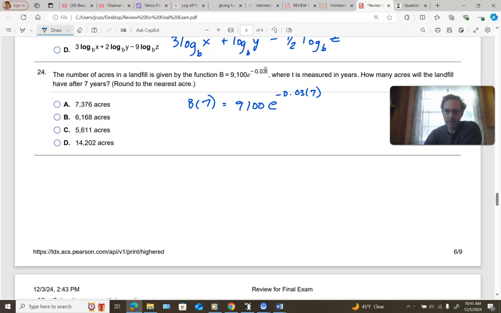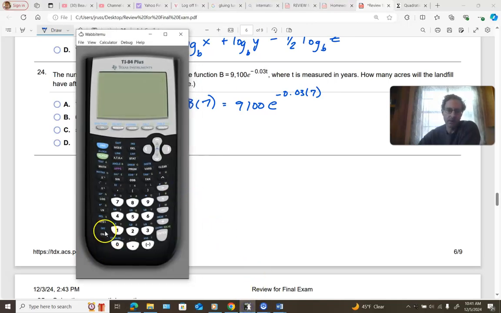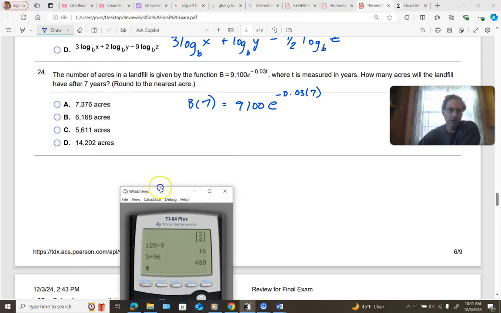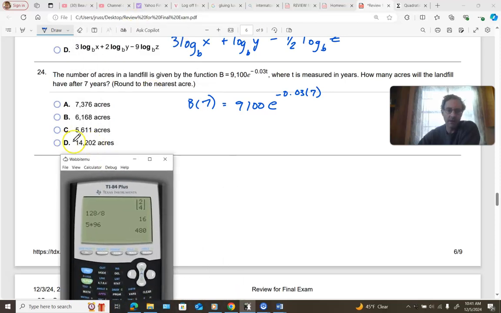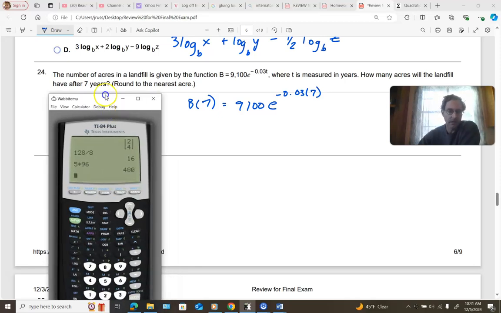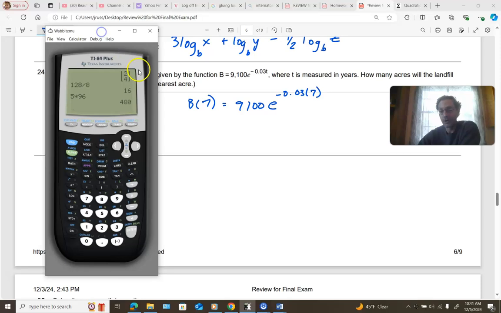And plug a 7 in there. This one you're going to have to use your calculator for. Although it definitely could not be D, because D would imply that the more garbage you put in it, the more acreage you end up with having available.